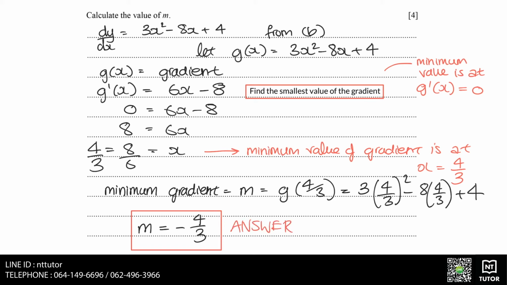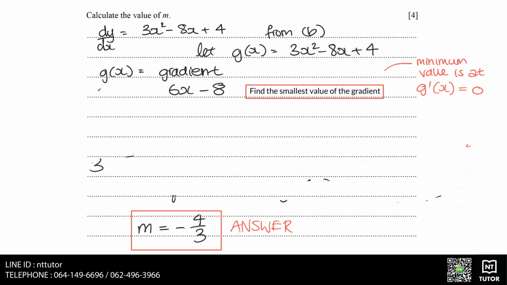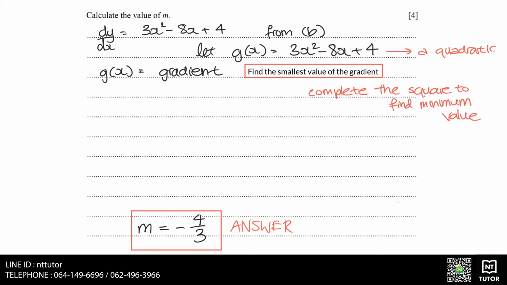Another way to find the minimum value m is to notice that the function that represents the gradient, dy over dx, or g(x) in this case, equals 3x squared minus 8x plus 4, which is a quadratic. And whenever it's a quadratic, we can complete the square to find the minimum value.